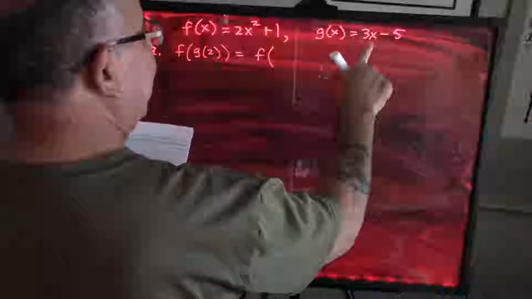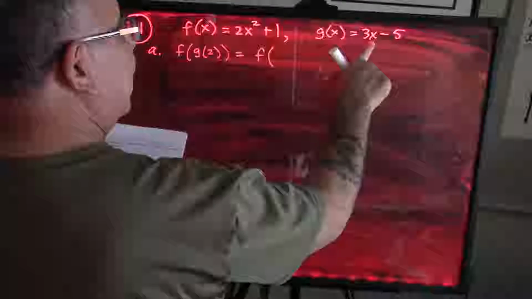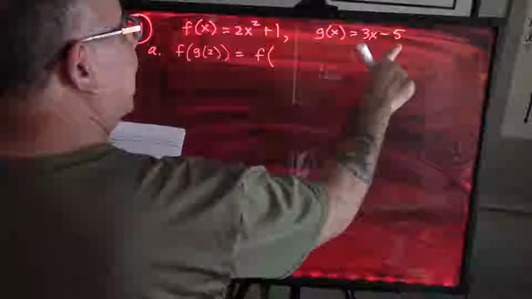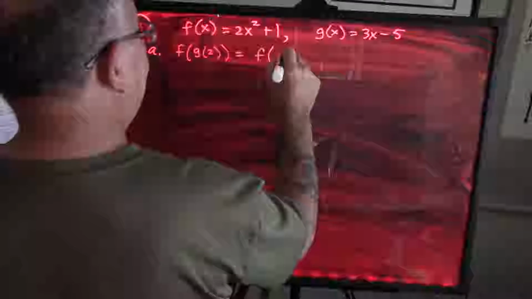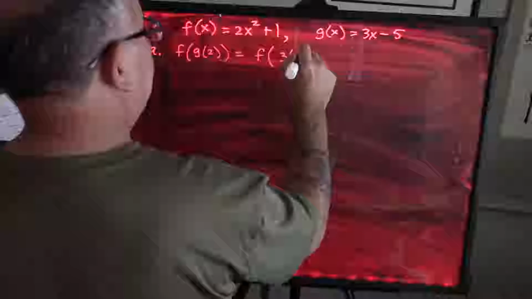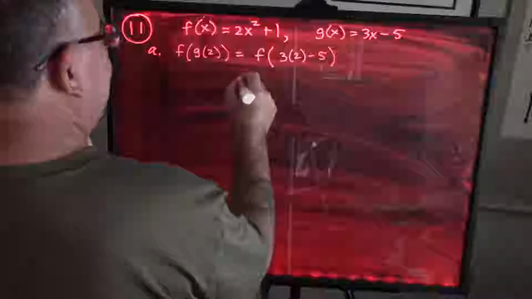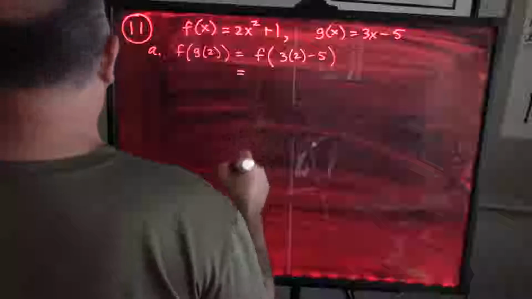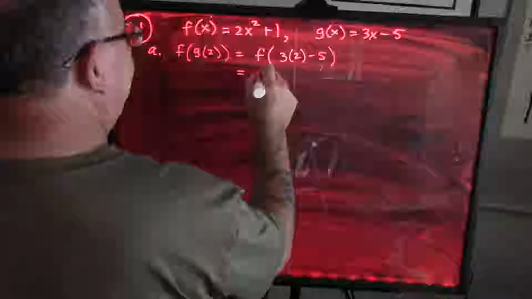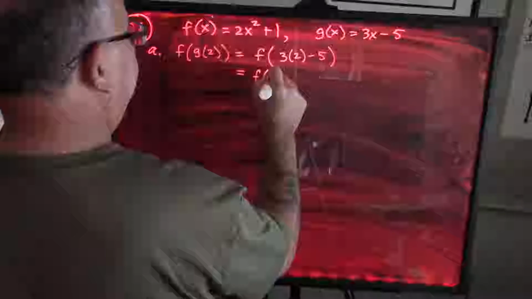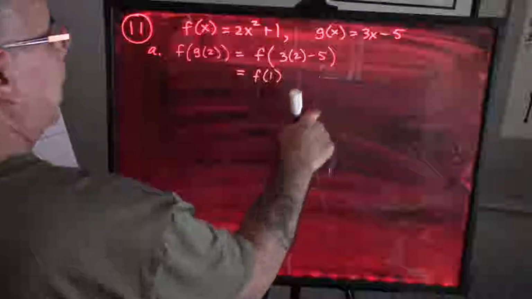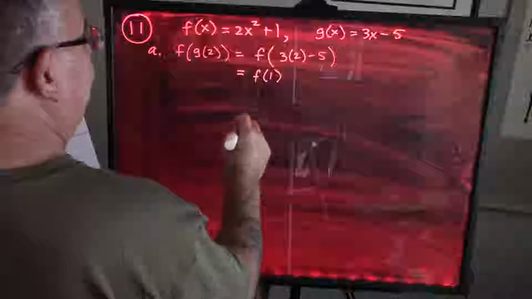So it's f of, parentheses, now you just plug in x equals 2 in g of x. 3 times 2 is 6 minus 5. You could just put the answer in, but I'm writing it out so you can see what's going on. So that's f of 1. 3 times 2 is 6 minus 5 is 1, so you're taking f of 1.